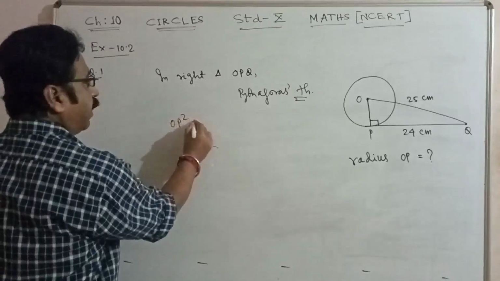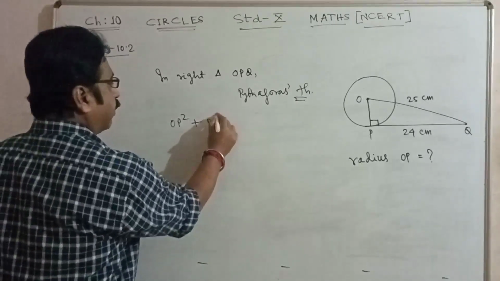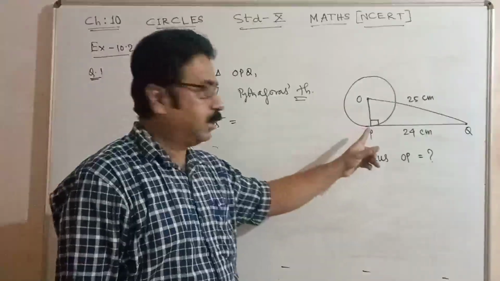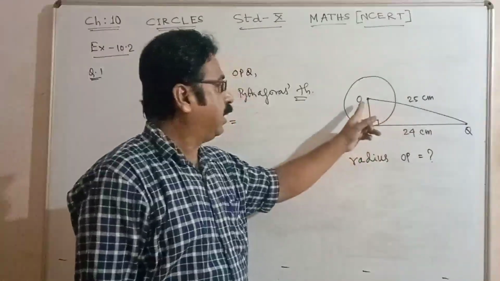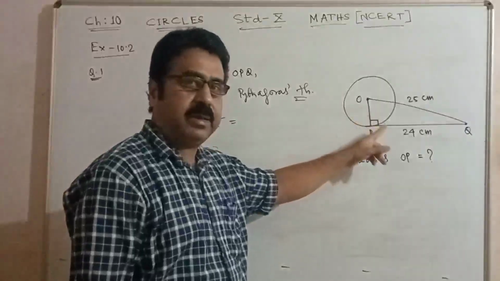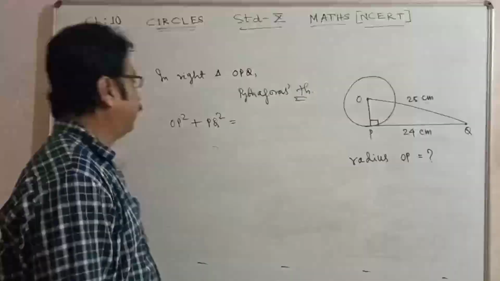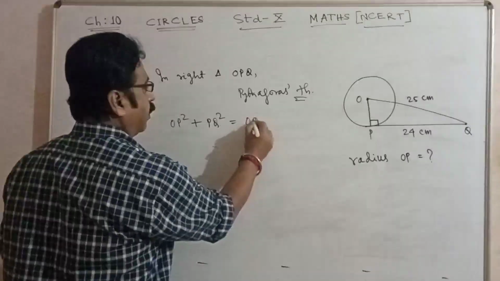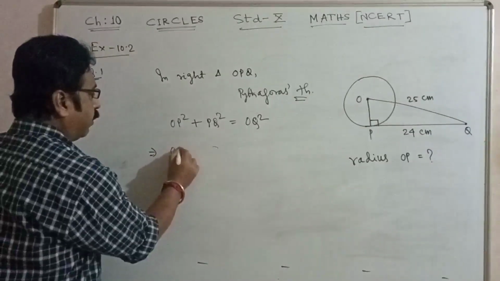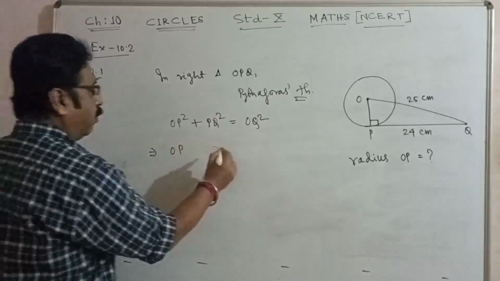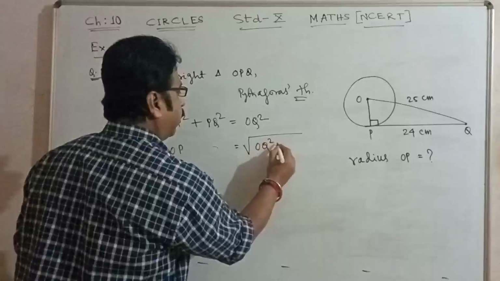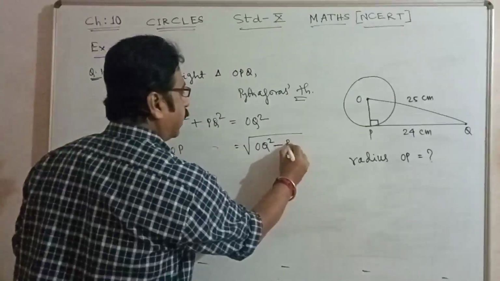OP square plus PQ square is equal to OQ square. It is suppose perpendicular, it is base, it is hypotenuse, OQ square. OP we do not know. So OP square can be written as OQ square minus PQ square.